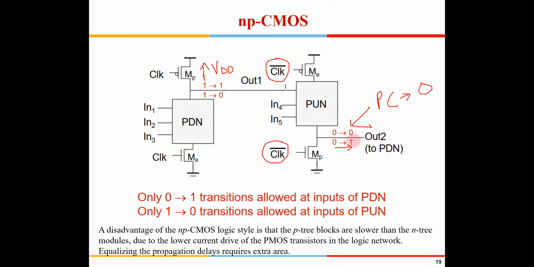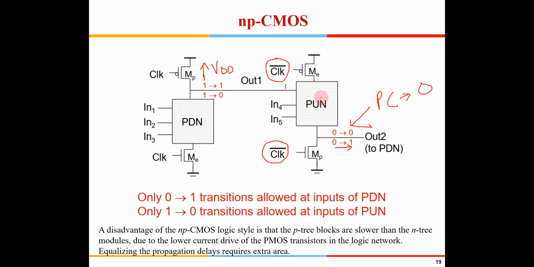So there is no issue with cascading of these kinds of nodes. If you have one pull down network, then one pull up network, then again a pull down network, you can build up a dynamic logic in a chain like this, without having to bother about the issues of cascading. Okay, so this is one family which is actually used in many circuits these days. The only problem in this particular circuit is, since you are using a pull up network, to keep the propagation delays you will have to use large PMOS devices, right?